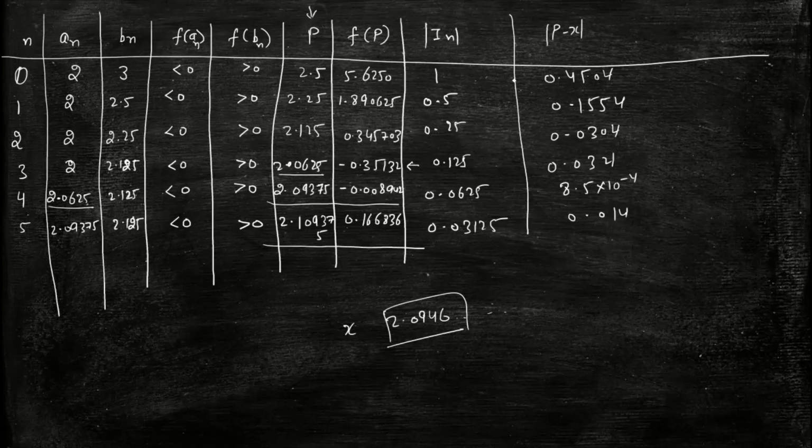We can compare these values and see that the modulus of p minus x is always less than the length of the interval. This is guaranteed. But one thing we can't say is how close each p will be, because at this stage p was very close to the actual root, but in the next stage our error increased.